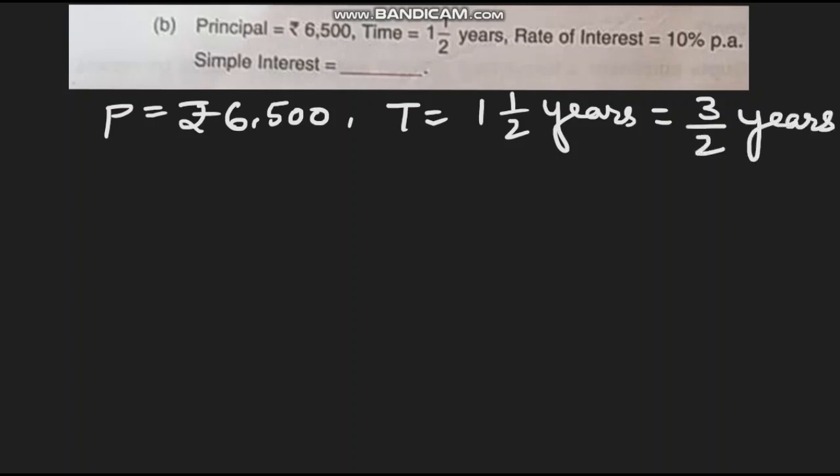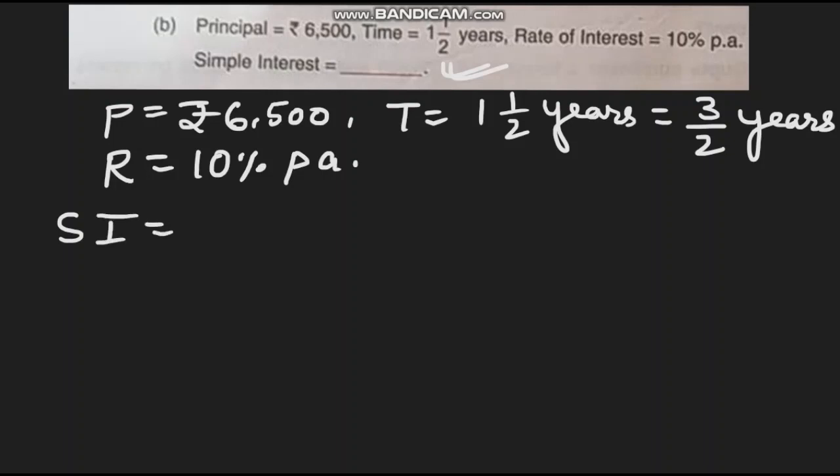Now rate R is equal to 10% per annum again. Now let us find simple interest. Here also you have to find the simple interest. So what is the formula? Simple interest SI will be equal to P into R into T by 100.